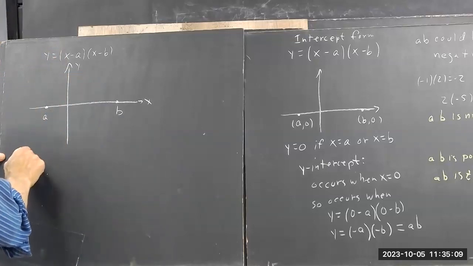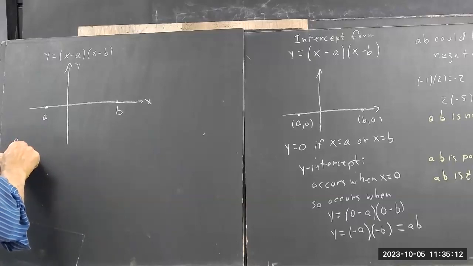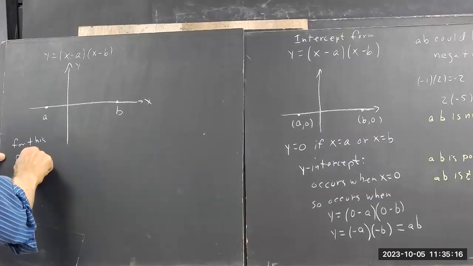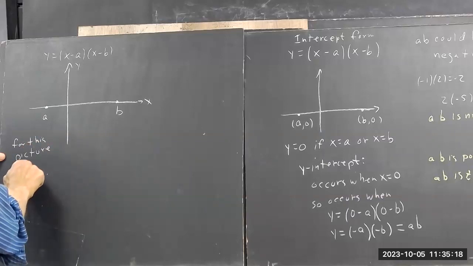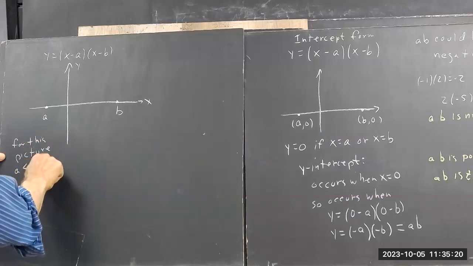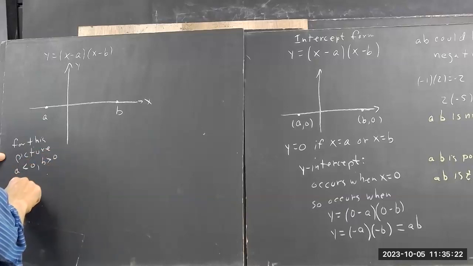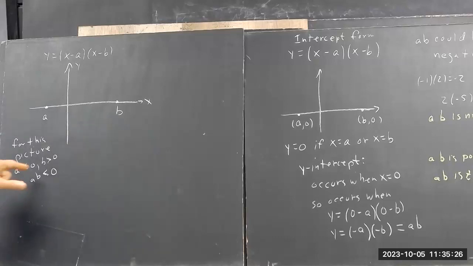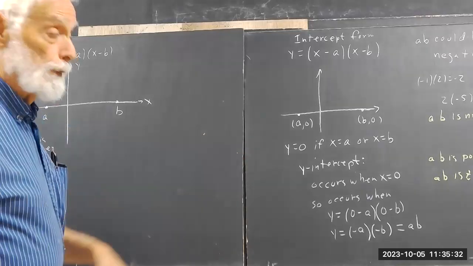So for this picture, a is less than zero, b is greater than zero, so ab is less than zero, and ab is the y-intercept.